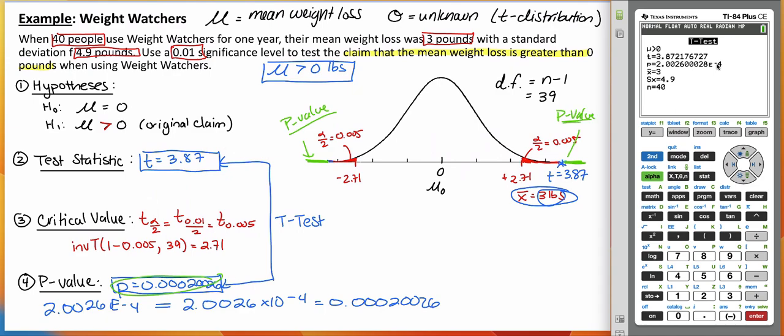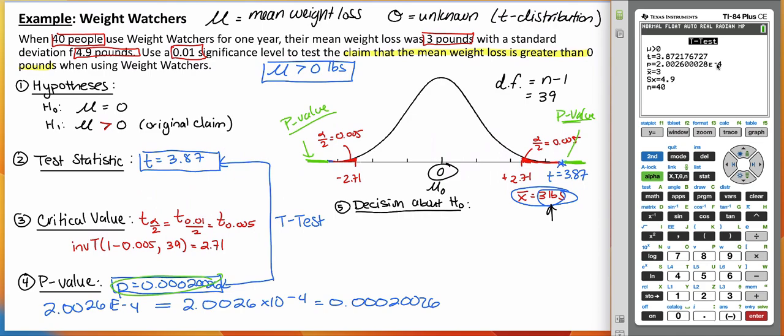Okay, so let's go ahead and write down our conclusion or our decision about the null hypothesis. Here we can see that the difference that we see in our sample data, 3 pounds, is different from 0 pounds, and because it falls in the critical region, it is statistically significant.